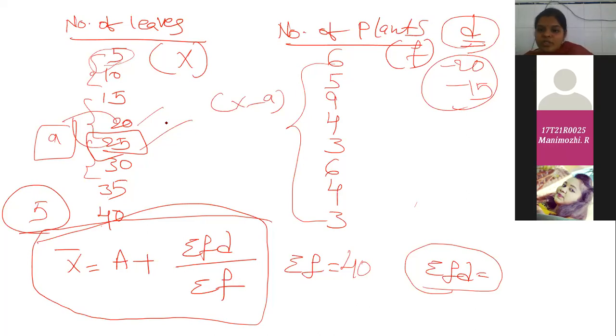No need to do sigma d. We need only sigma fd. See here, f and d is there. Just multiply these two values. Multiplication.